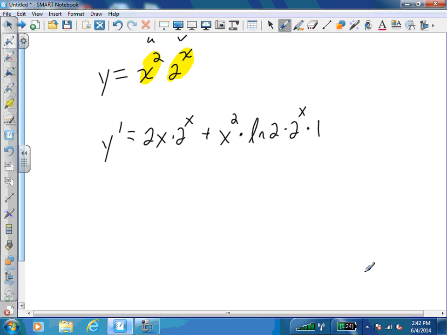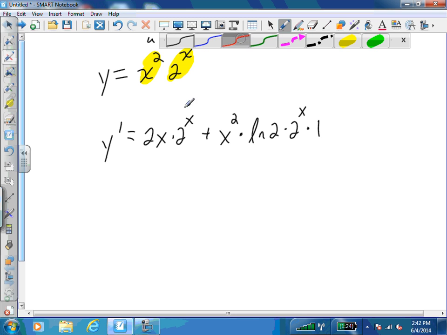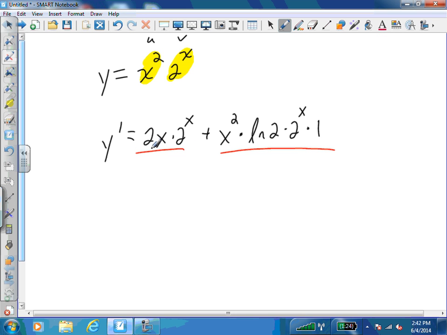Anything that both terms have in common, keep. Those both are terms. So we have a 2 to the x. Both of these have at least an x in them. So if we factor out an x times 2 to the x, we're left with a 2 in the first term. If we factor an x out of this, we're left with an x.